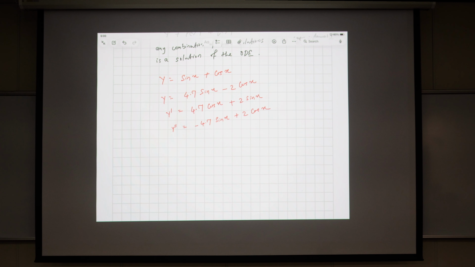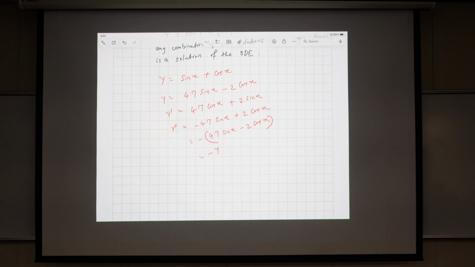That means it is minus 4.7 sin x minus 2 cosine x, which is minus y. That means even if I put these values, it gives me the same answer.